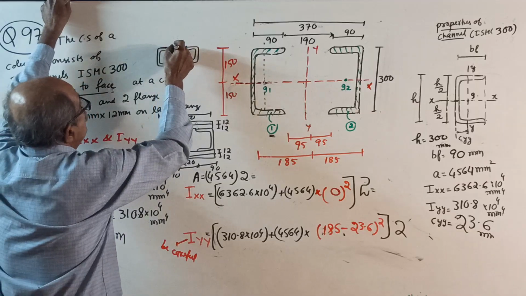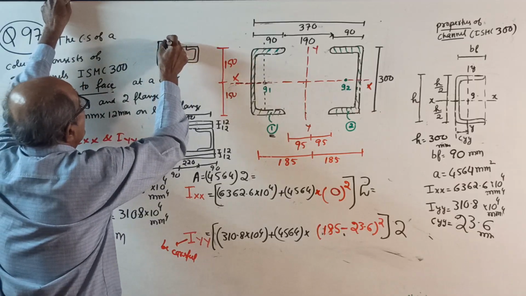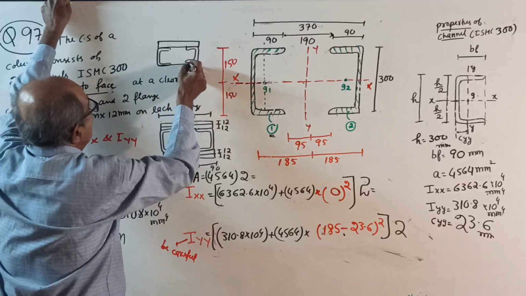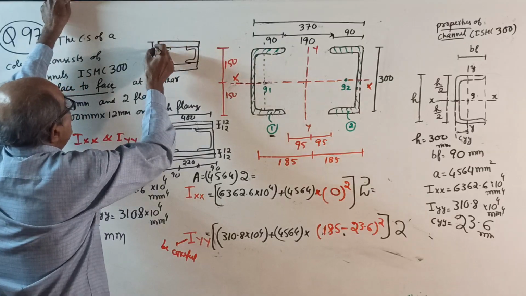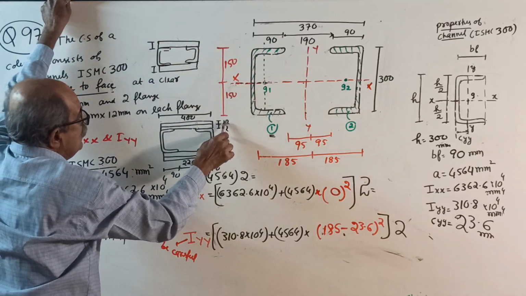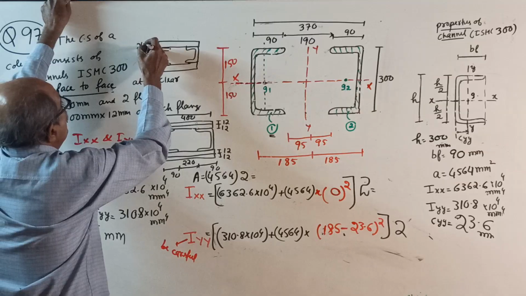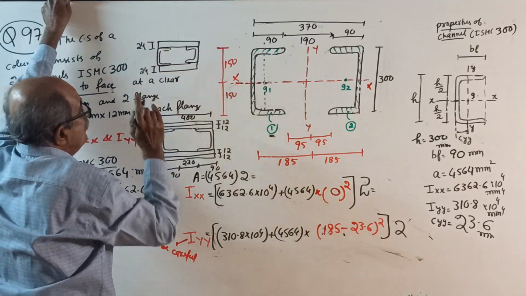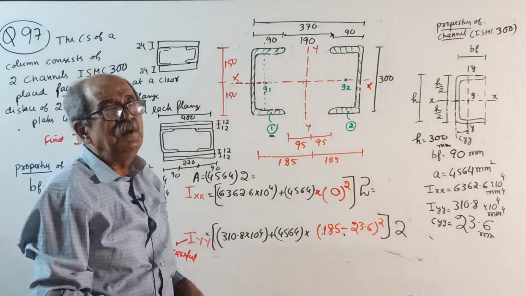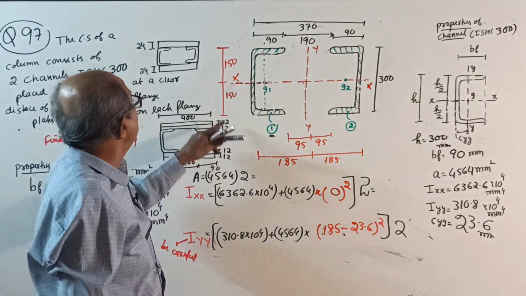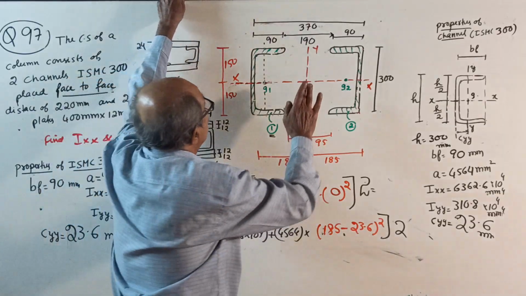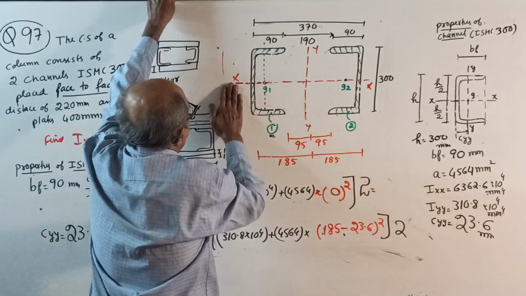And then you take just 1 rectangle here and 1 rectangle here. For the rectangle, the thickness of each rectangle will be 12 plus 12 is 24. This is also 24. Therefore, even if 2 plates are given, for calculation 1 plate thickness is not 12, thickness 24.